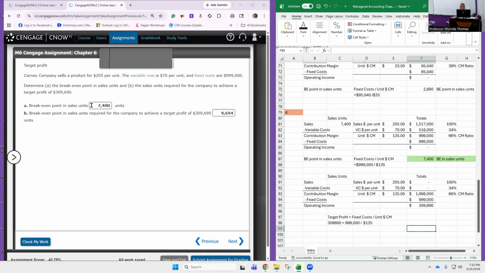If this gave us operating income of 0, then you can just take your target profit and divide by 135.